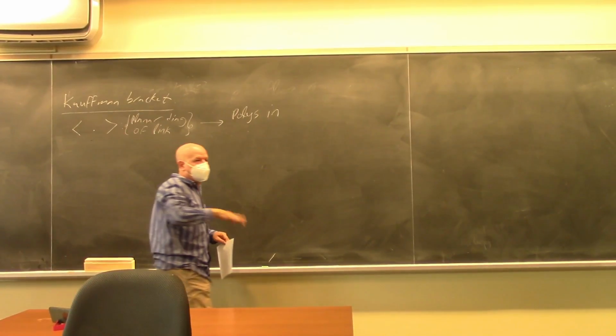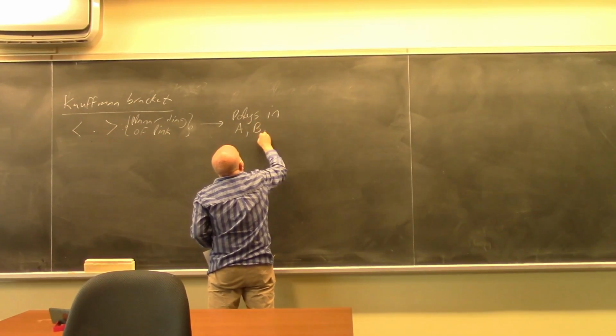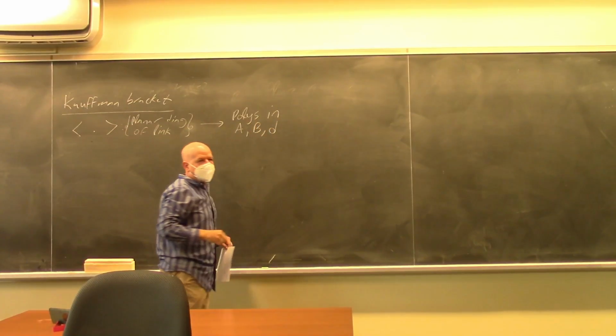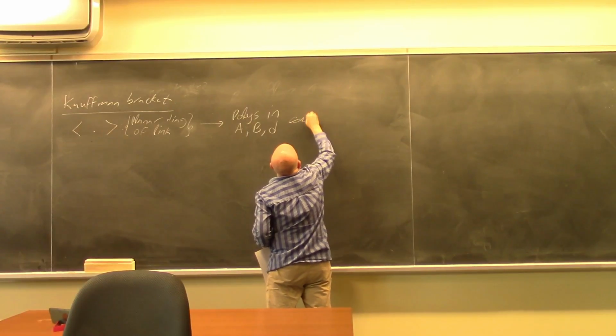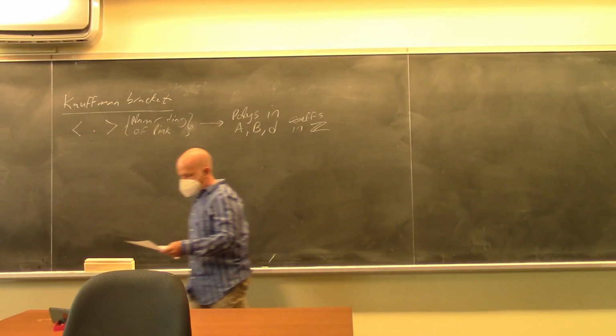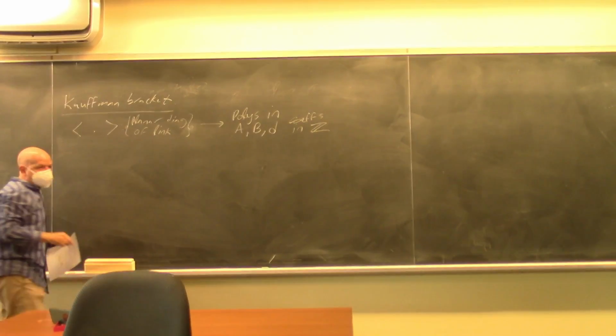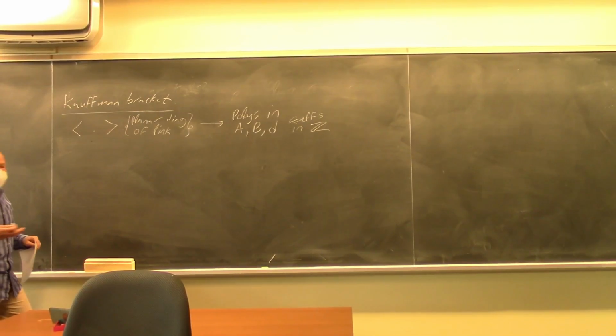It goes down to 1. So these are polynomials in variables a, b, and d with coefficients in the integers. So it's defined by 2 rules.